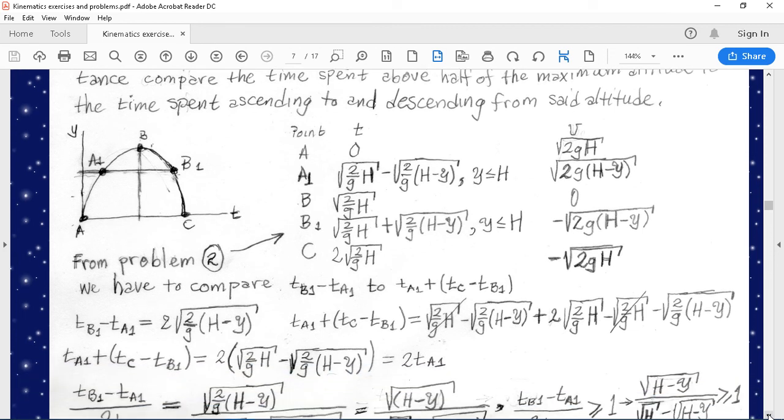So you have to compare tB1 minus tA1 with respect to tA1 plus tC minus tB1. So tB1 minus tA1 is given by this minus this, which gives you this, and tA1 is this value here, and tC minus tB1 is this minus this.